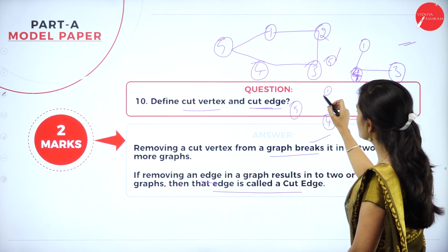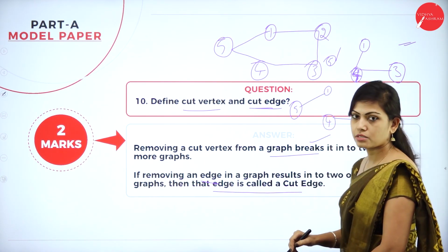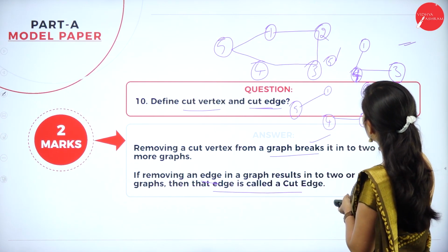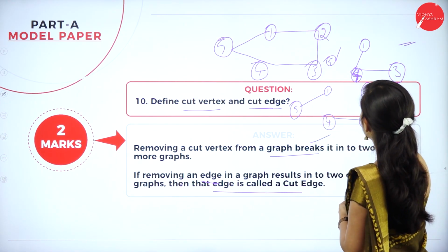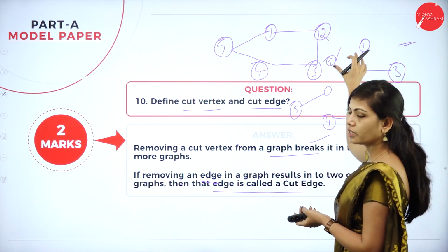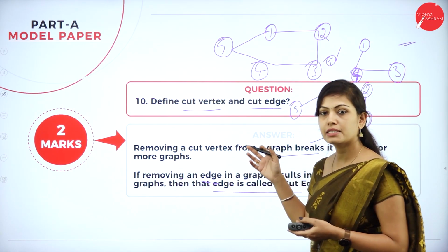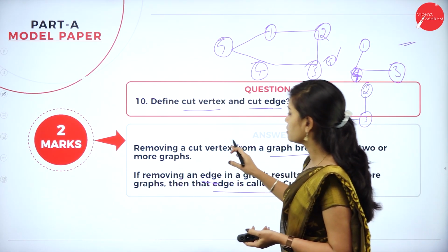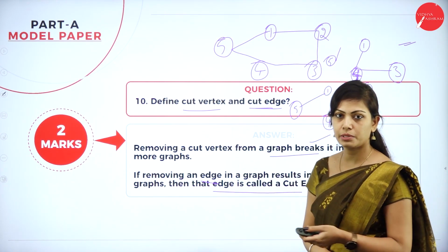I'll remove the 1 to 2 edge and the 5 to 4 edge. So this is an example for cut edge. This is for cut vertex and this is cut edge. Removing an edge is called a cut edge. Removing a vertex is called a cut vertex. Clear? You can give any other examples also.